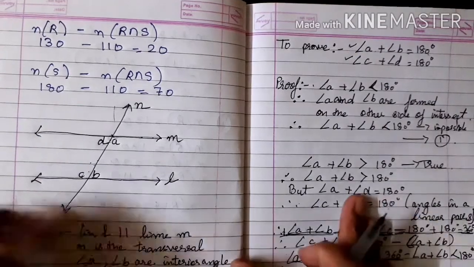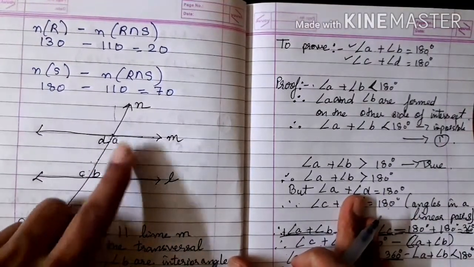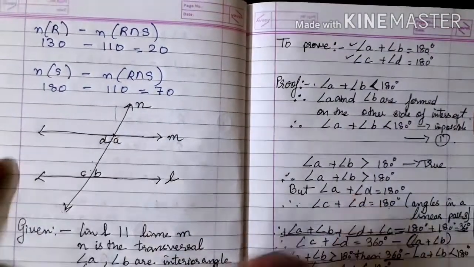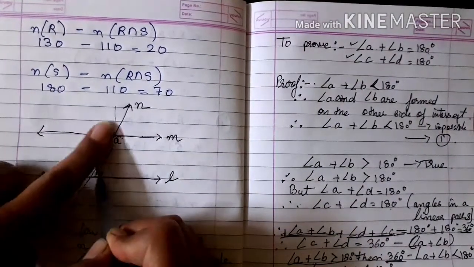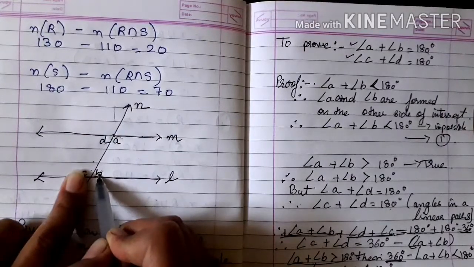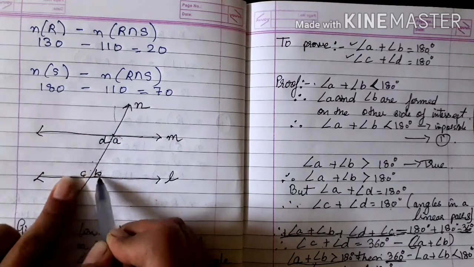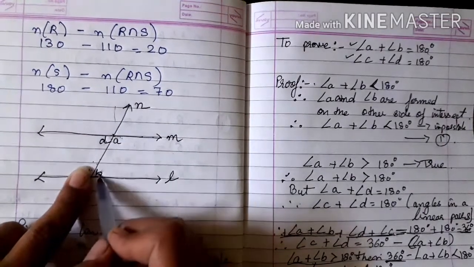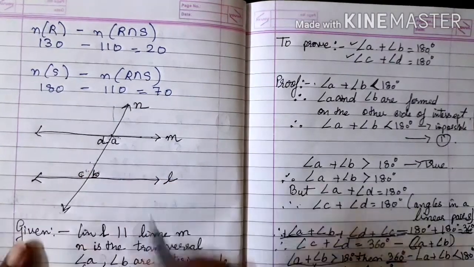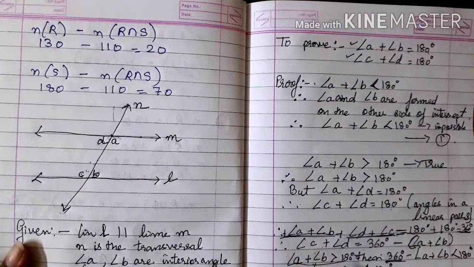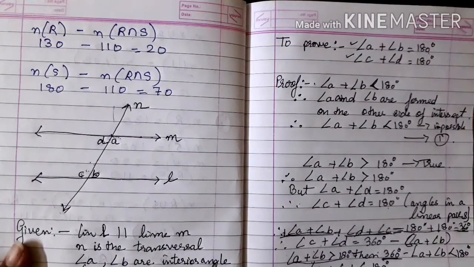I will explain you in the diagram. If A and B total gives you 180, obviously this has to be on the smaller side. It will be less than 360. And if this is 180, this side has to be smaller than 180. So, one of the sides has to be greater and one has to be smaller.